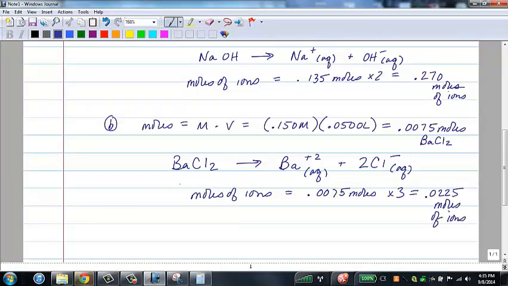And again, we could multiply that by Avogadro's number, but there's no real reason to, because the largest number of moles of ions will also be the largest number of ions.